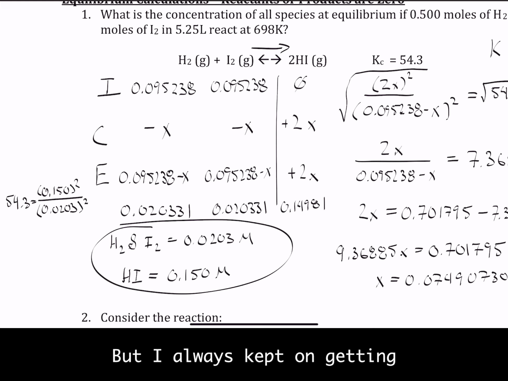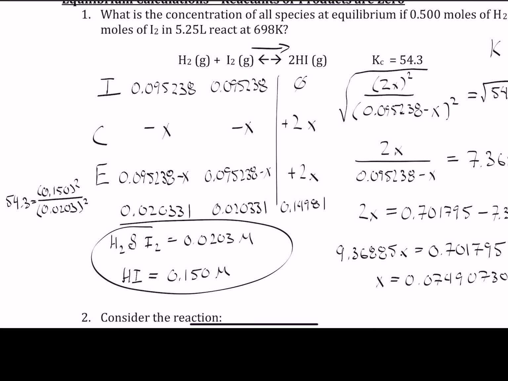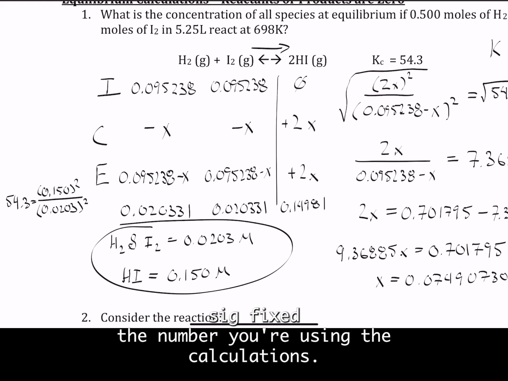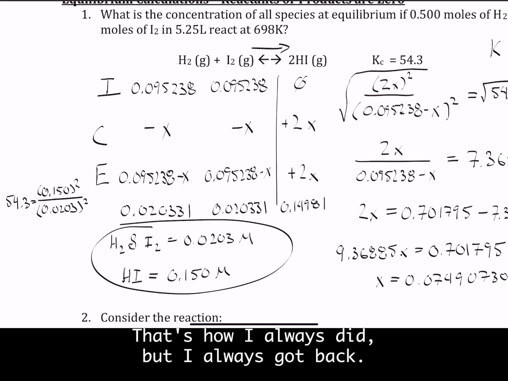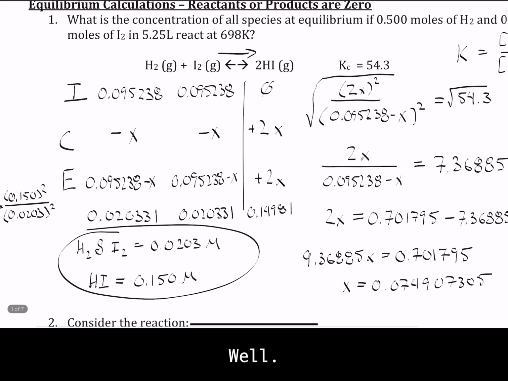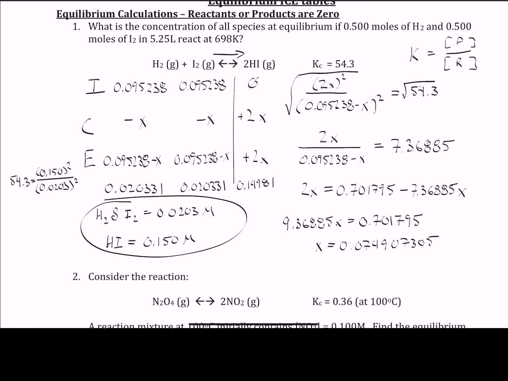That's what I always thought, but I always kept getting docked on sig figs in my lab reports last semester for Chem 1. Well, the number you write in the box should have the correct sig figs, not the number you use in the calculations. That's how I always did it, but I always got docked somewhere. Well, maybe you're just making sig figs. Okay.